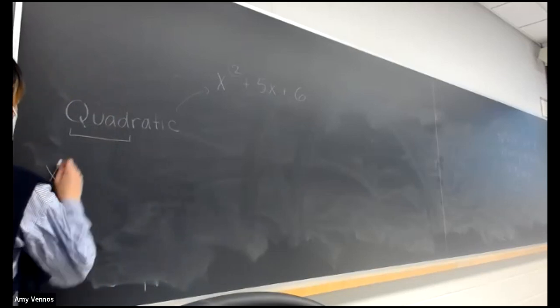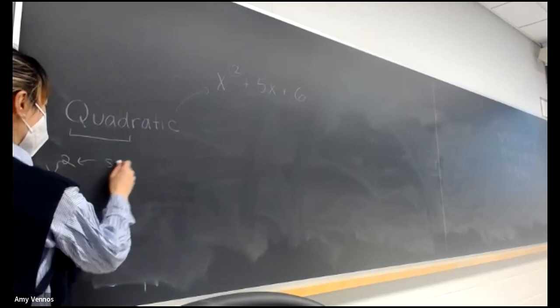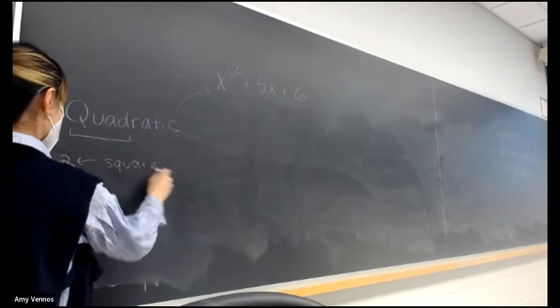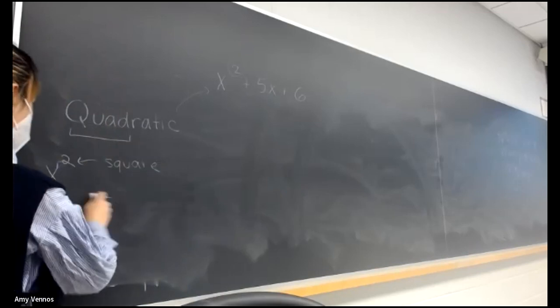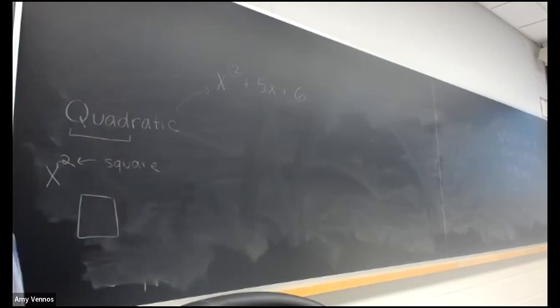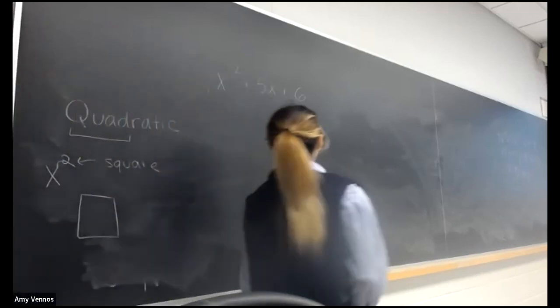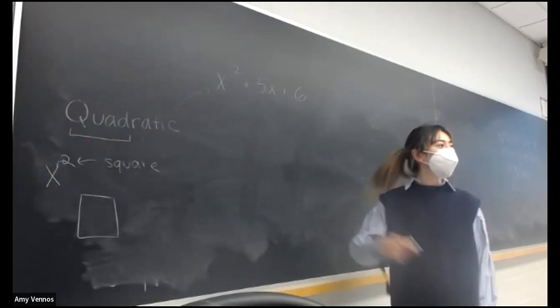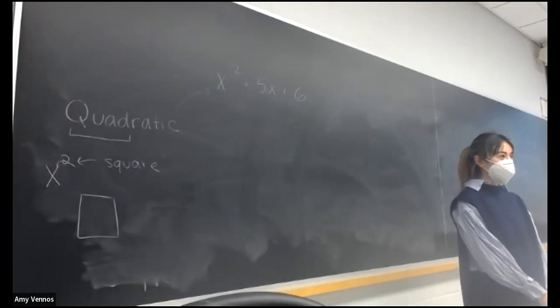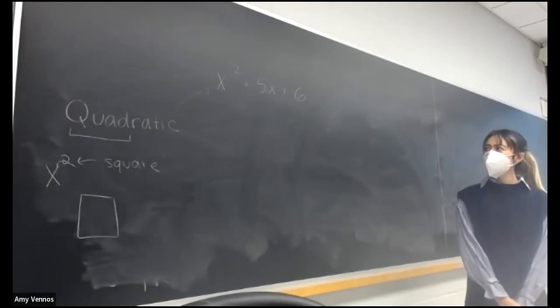Okay, we have an x squared. X squared, right? And how many sides does a square have? 4, right? So that's actually why these expressions are called quadratic. The prefix for 2 isn't on here. Only if it's x squared, so it's never anything else.